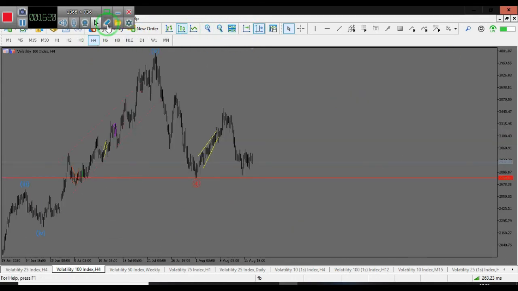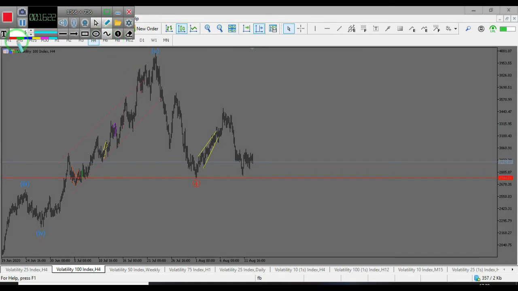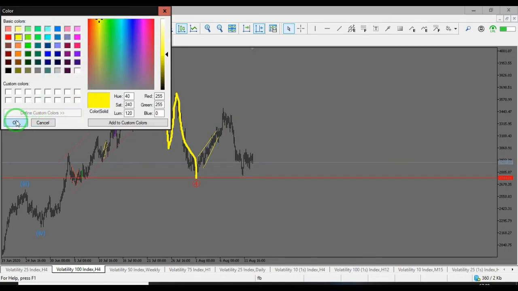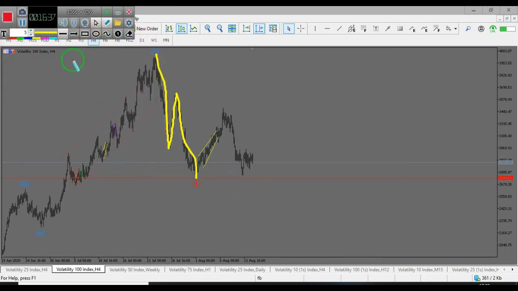Okay, here we go now. We have completed wave 4, an A, a B, and a C. Now what is left? To me, I see something like this. Wave 1, wave 2, wave 3, wave 4, wave 5.